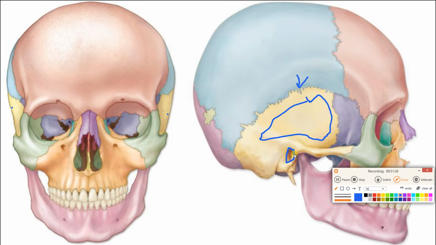I go straight down. This guy here is my styloid process. I go back for the big bump. That dude right there is the mastoid process. And the long sticky out one right here is the zygomatic process. And of course, make sure you have an idea of what these processes are doing.